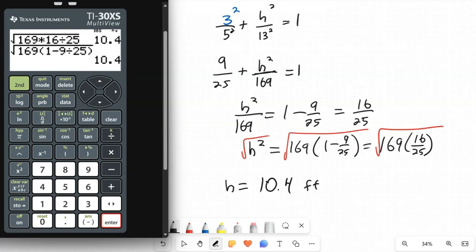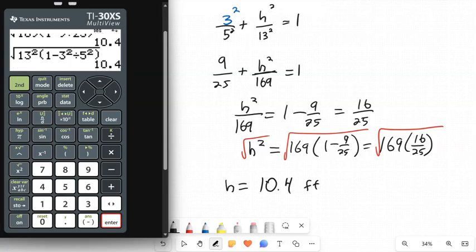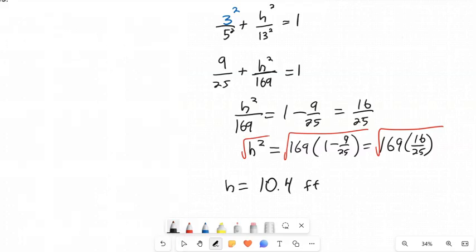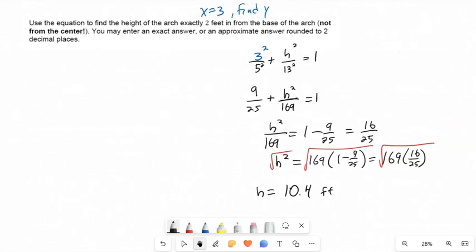In fact, from the very beginning, we could have square rooted 13 squared times 1 minus 3 squared divided by 5 squared. We could have let our calculator do all of it and got 10.4. One way or the other, the height 2 feet from the base is 10.4 feet.